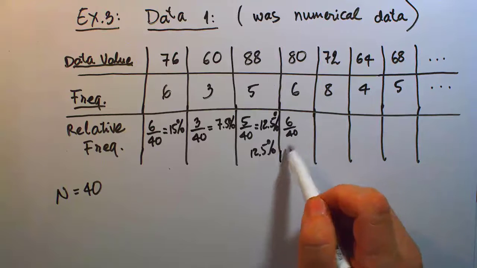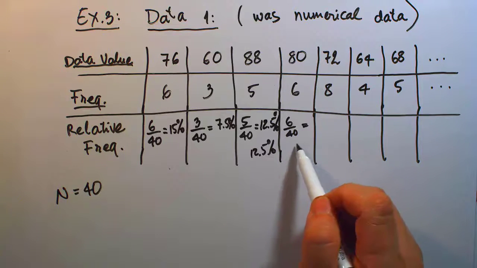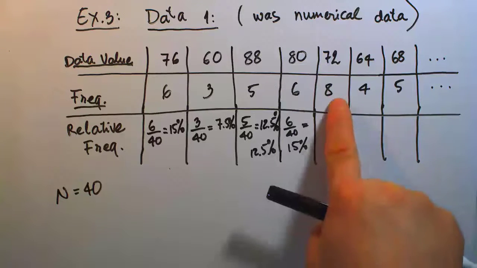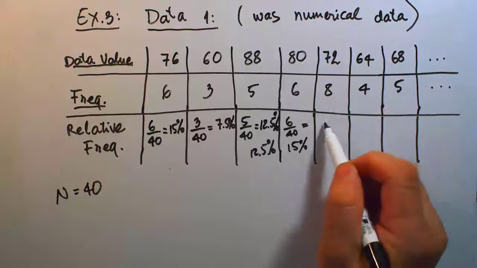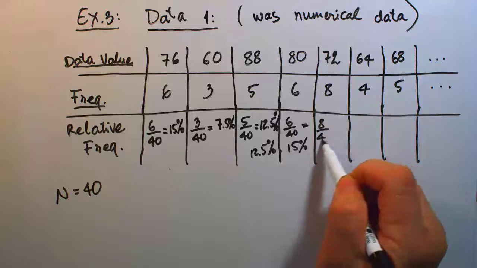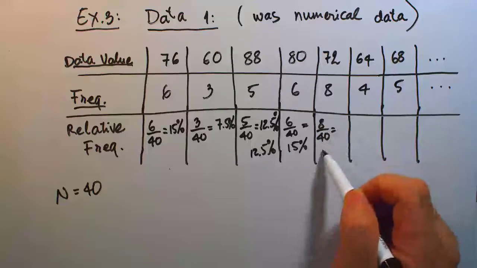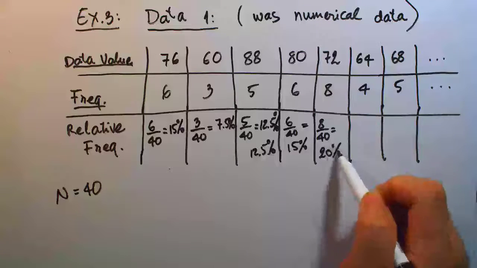So as a percentage, it equals 15%. 72, there are 8 of them. 8 out of 40, which is the same as 20% here.